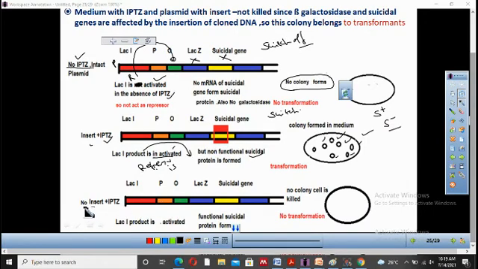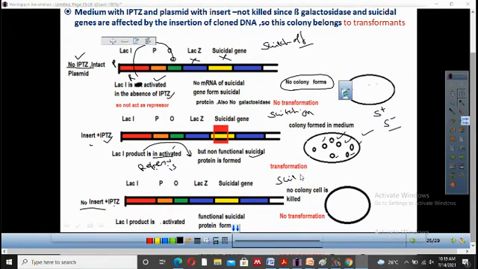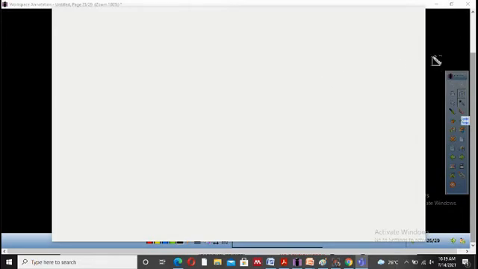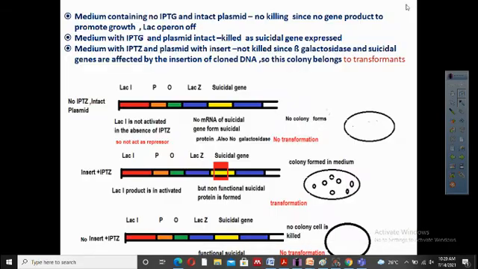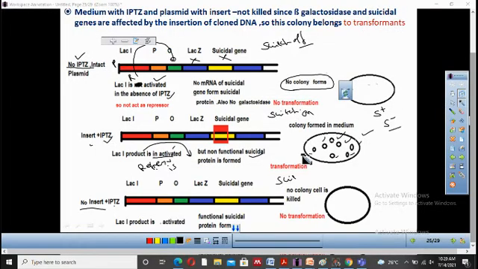In the third case, when no insert is there, and IPTG is there, it is also the switch on condition. Here you can see that no insert is there within the lacZ.